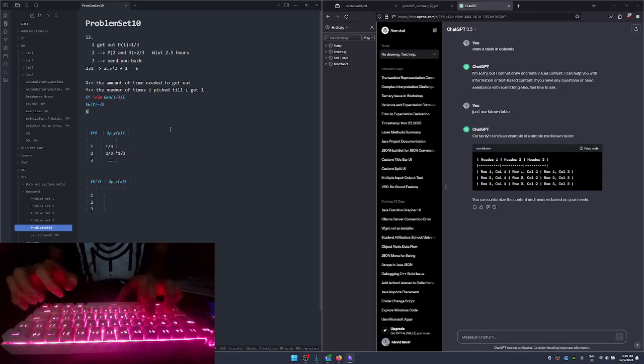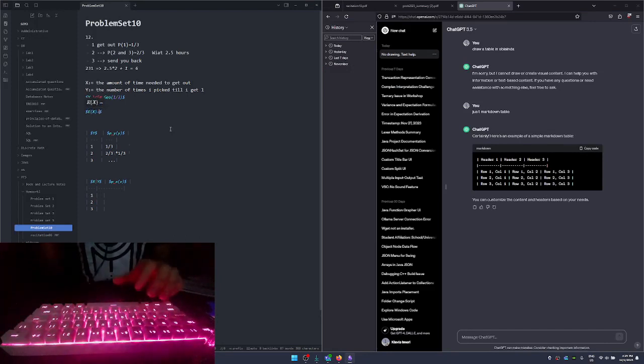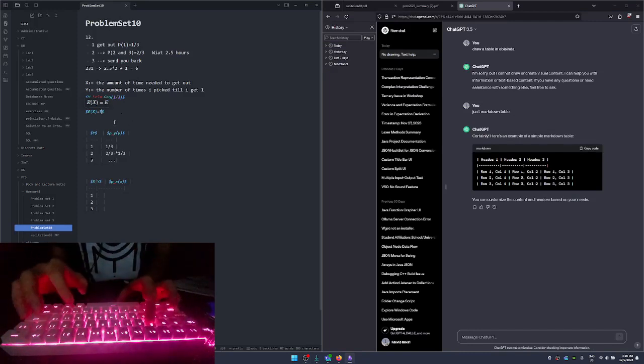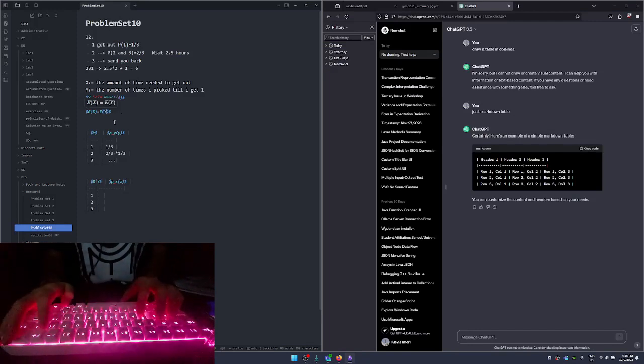So I just have the expected value of x, which is the expected value of y minus 1, so y minus 1 times 2.5 plus 1. You can see that this is 2.5 because you can get an average.